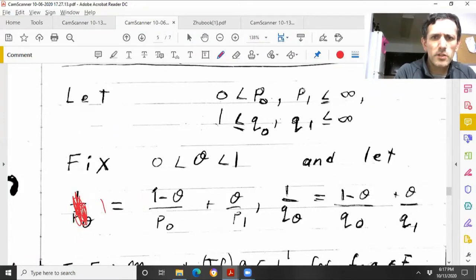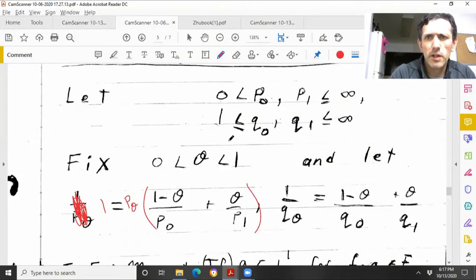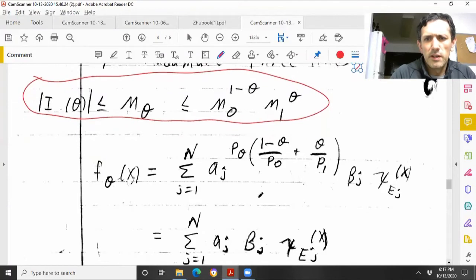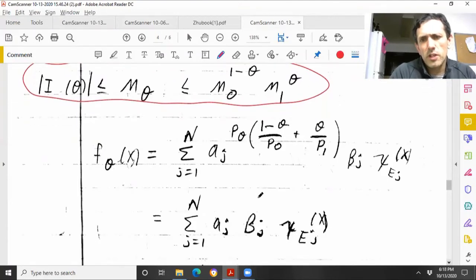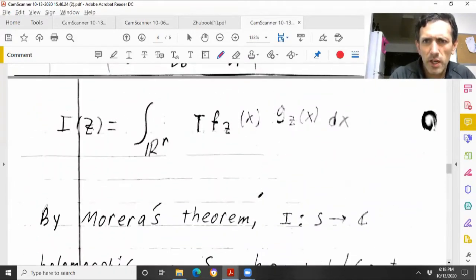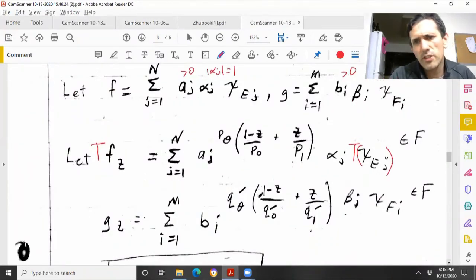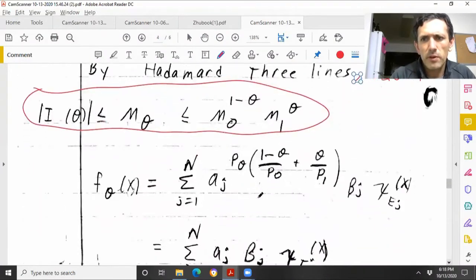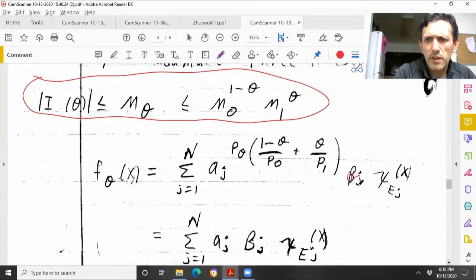So 1 is going to be equal to just multiplying both sides by p theta. 1 is p theta times this whole mess here. So let's put that to good use to get us that this whole thing here is equal to 1, the exponent. Okay. So this is just aj alpha j. So I want to make sure. So actually, it should be aj alpha j, not beta j. A little typo there. So it's really alpha j. But anyway, sorry about that.